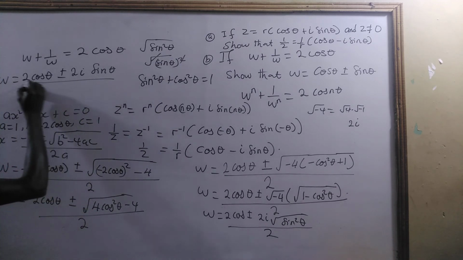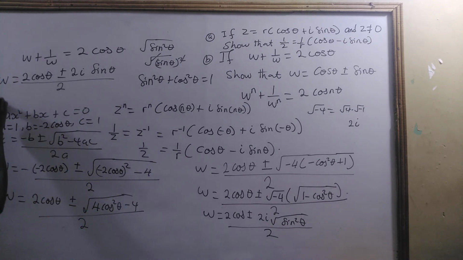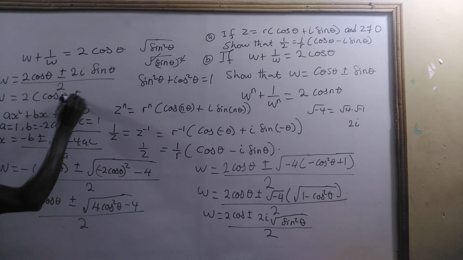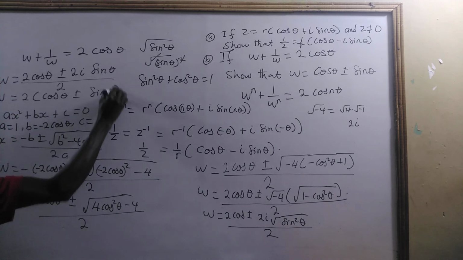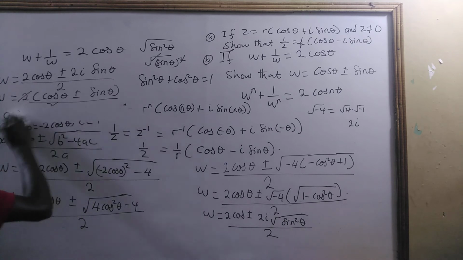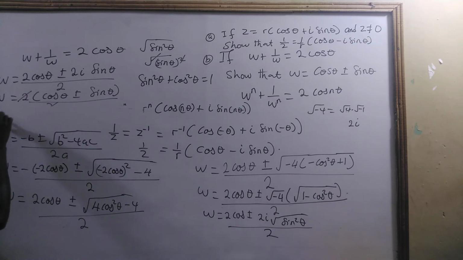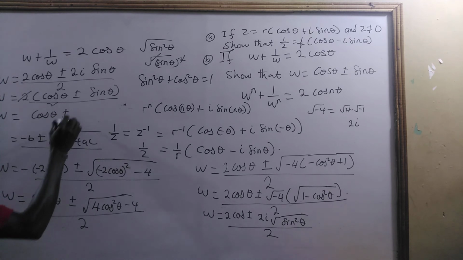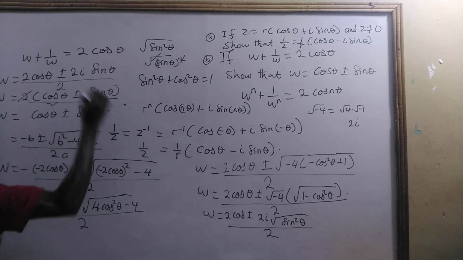And we have all these divided by 2. So we have this equal to 2 into bracket cosine of theta plus or minus i sine of theta, all divided by 2, and these 2 will cancel these 2. Hence proved. We are going to have our w to be equal to cosine of theta plus or minus i sine of theta.